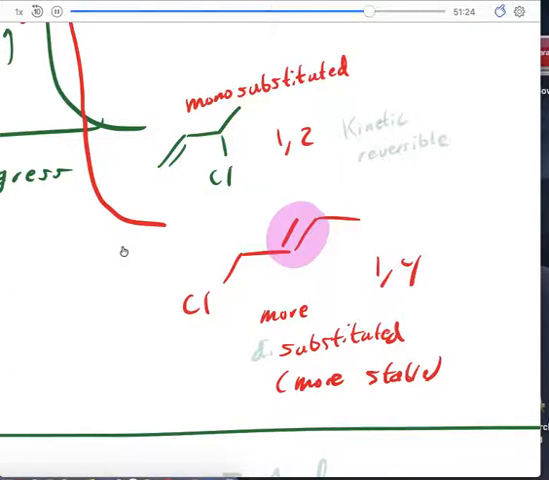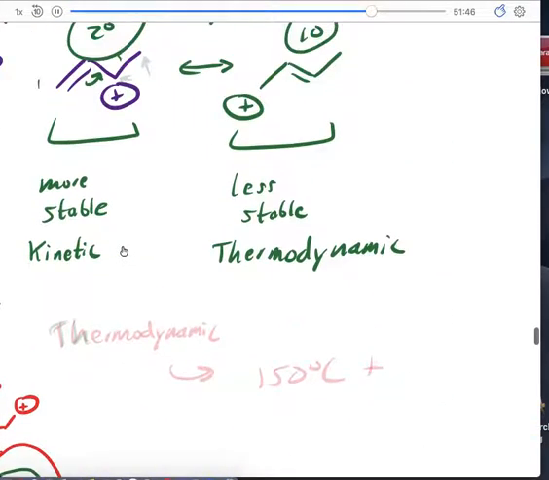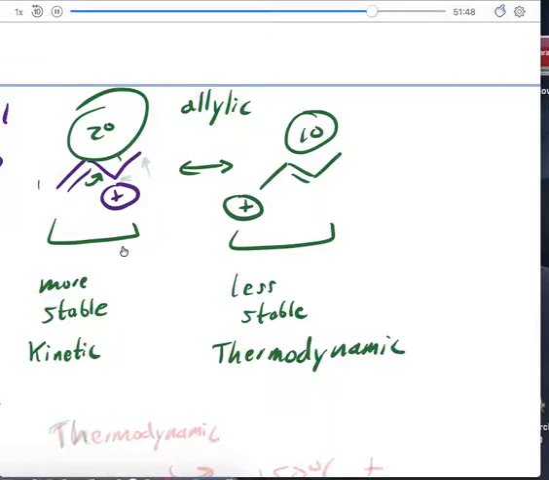Oh yeah, what's your question? Well, it's because of the resonance we have in the middle right here. Because we flip the double bond or the pi bond back and forth, we get a primary versus a secondary carbocation. You mean on each carbon?